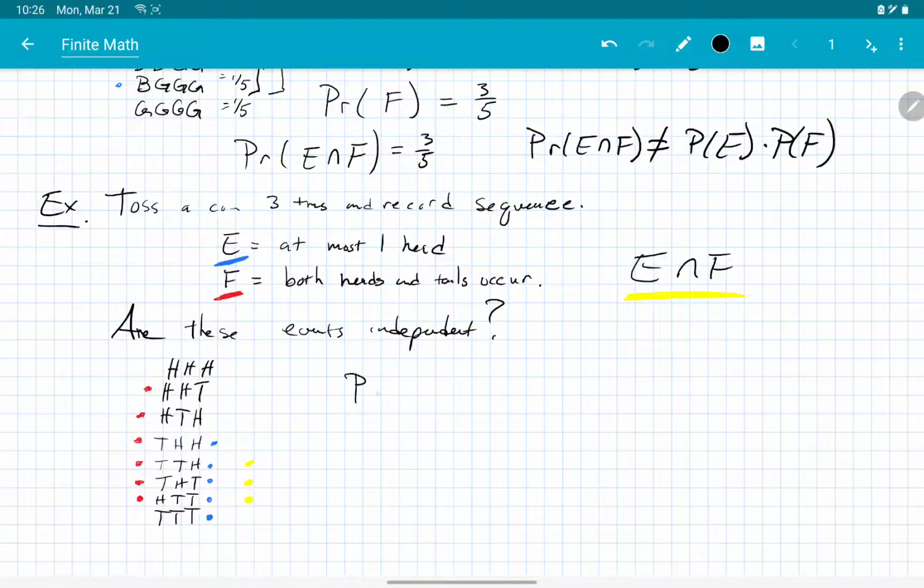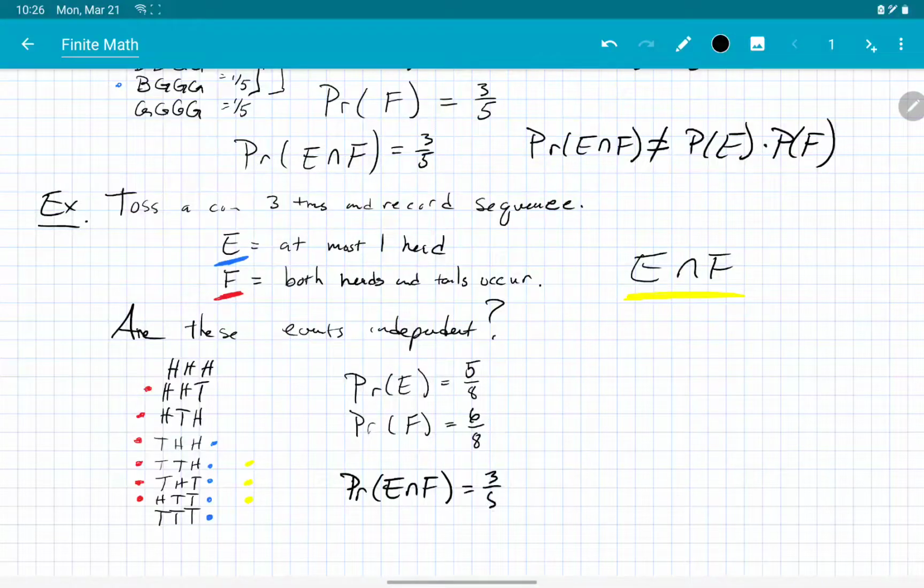So I can see now that the probability of E is 5 out of 8. The probability of F is 6 out of 8. And the probability of E and F is going to be 3 out of 8.